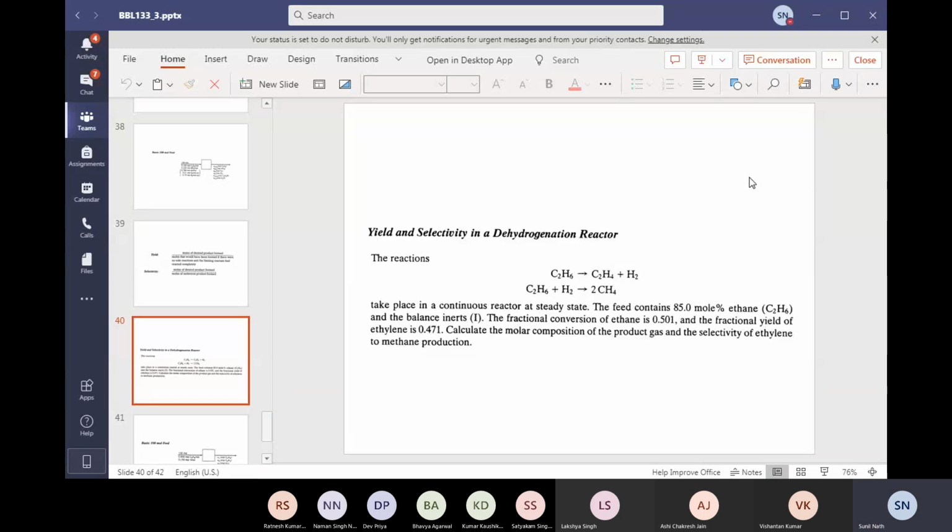We have to find yield and selectivity of a dehydrogenation process. The second one is the side reaction. But I'm going to change the problem statement somewhat. Anyway, take those two reactions. He already gives you a fractional yield, but his fractional yield is calculated based on that first definition, 0.471, which I don't want to use. So let us flip this problem over.